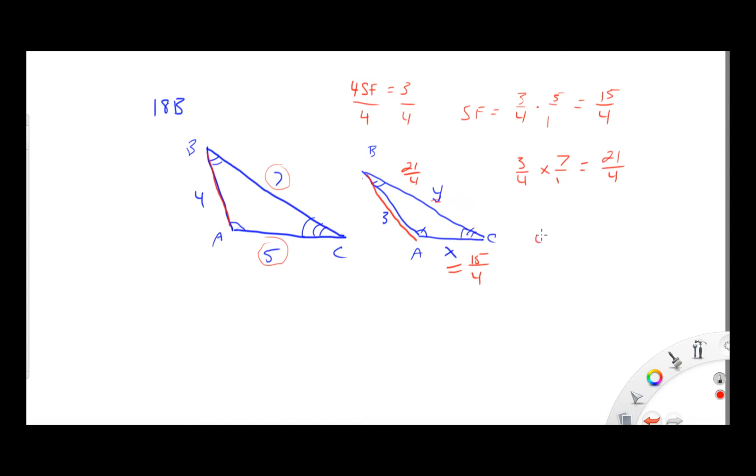So y is equal to 21 over 4. x is equal to 15 over 4. How did I find that? I used a left to right scale factor. So in other words, 4 times the scale factor equals 3. We can do that in all kinds of questions to figure out similar triangles.